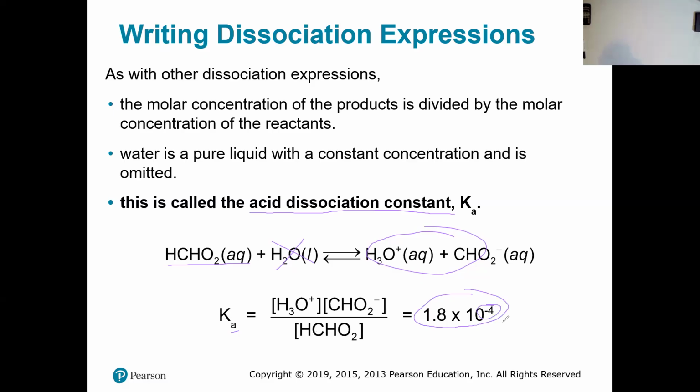And remember what we said about K values that are really small: it means they favor the reverse direction. So it's not surprising that if you added some formic acid to water and then took the concentration values of all of the components in that solution, most of what would be present would be your HCHO2 in its molecular form.